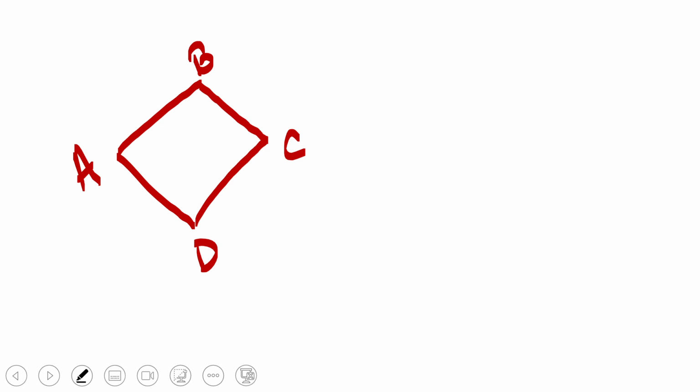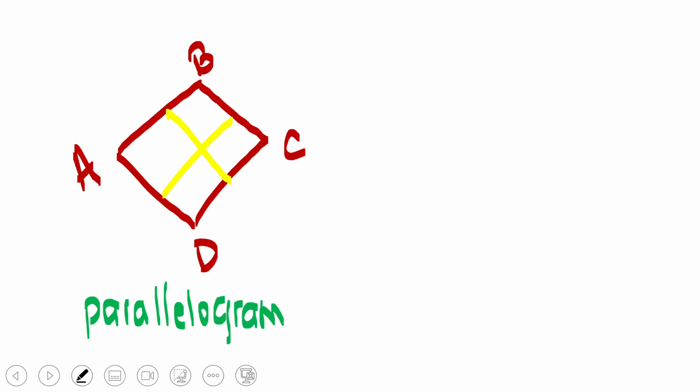Well, these sides are parallel, and it is a rhombus. So we would say that we have a parallelogram and rhombus.